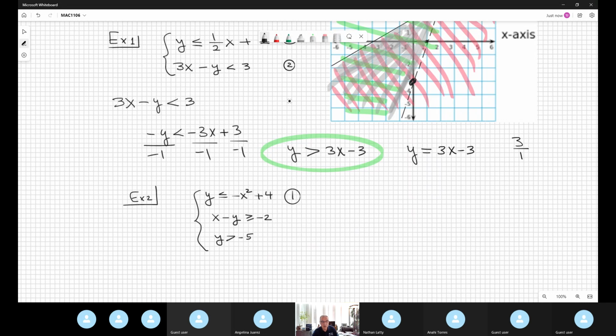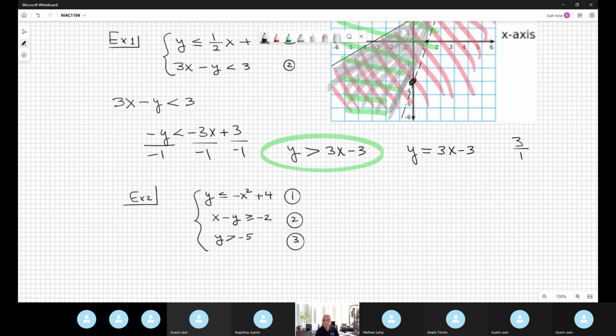Number 1, number 2, and number 3. Okay? Take this. Now, let me try switching the screen to Desmos. But the problem is that I didn't see it.